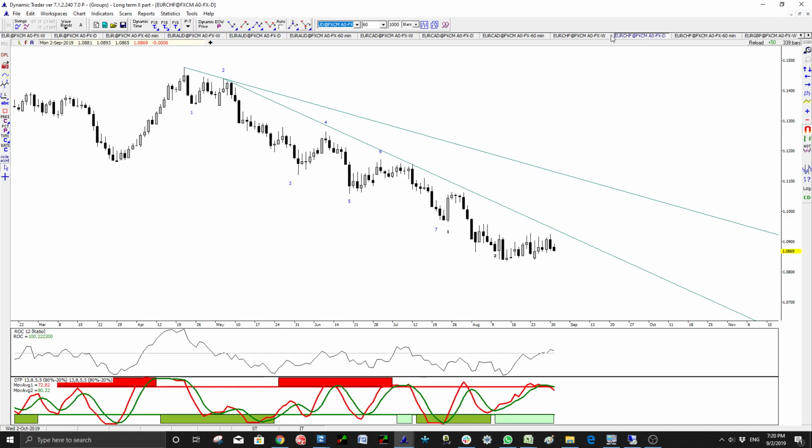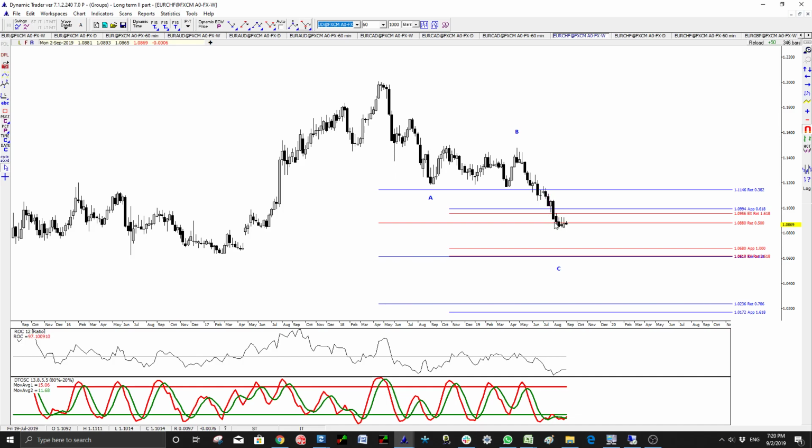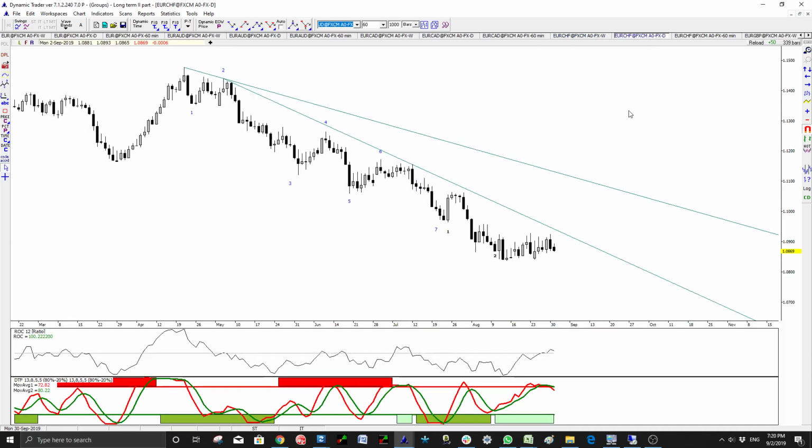Nevertheless, Euro Swiss franc, when it reached this area, gave me two buying signals, one here and one here, but the market came back down and took out my stop loss, once here and the second time here.